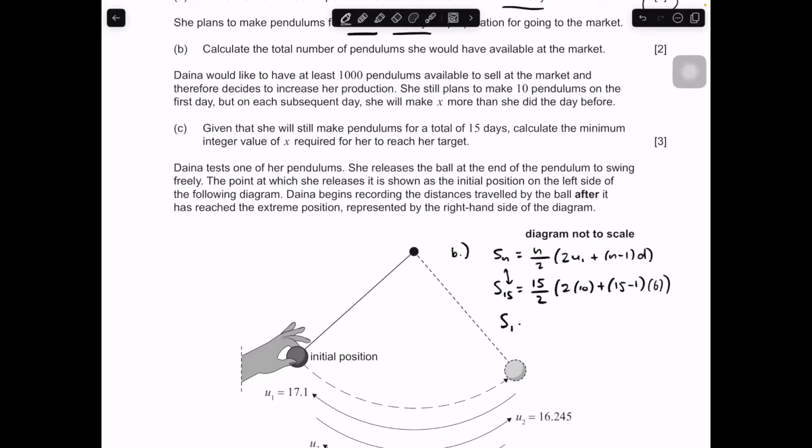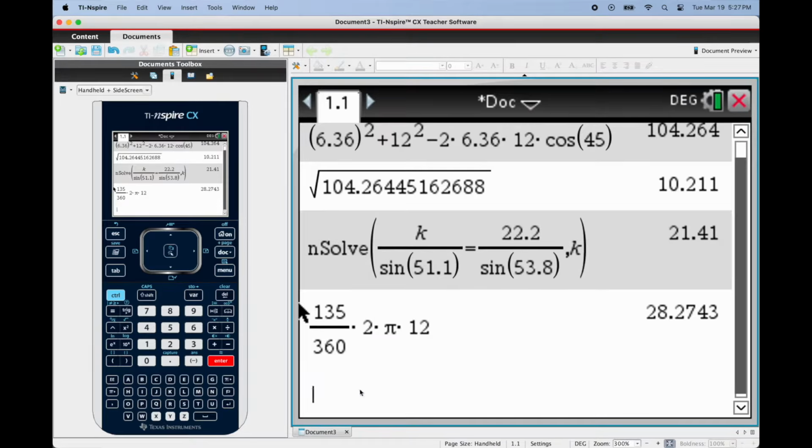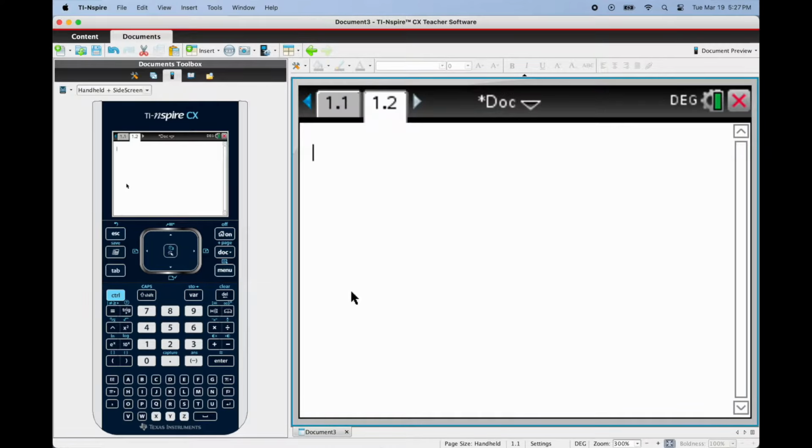So S15 is equal to, let's go ahead and type this in on the calculator. Let's get a new calculator screen.